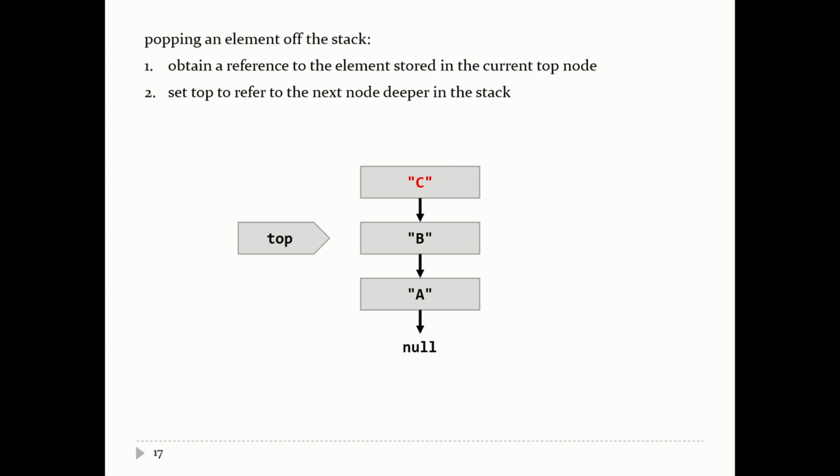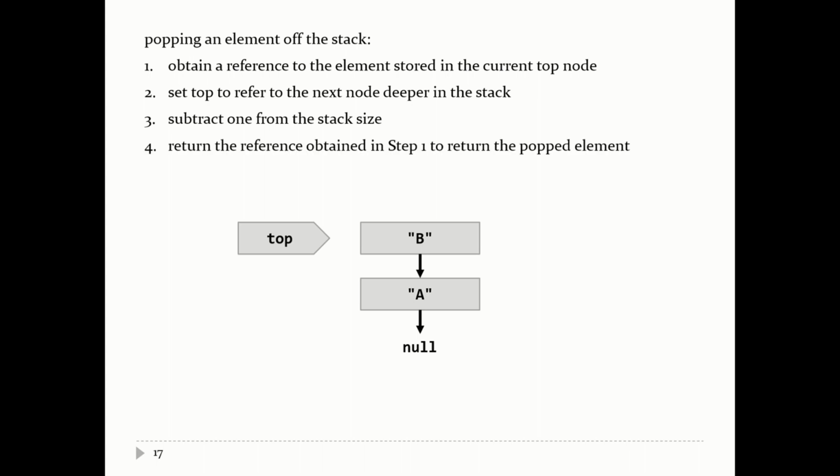So in Java, the garbage collector will eventually come along and remove this node. So you don't actually have to specifically get rid of this node yourself. It will go away on its own. And then, of course, don't forget to subtract 1 from the size of the stack. And of course, you're going to return the reference to the element that was just popped off the stack.